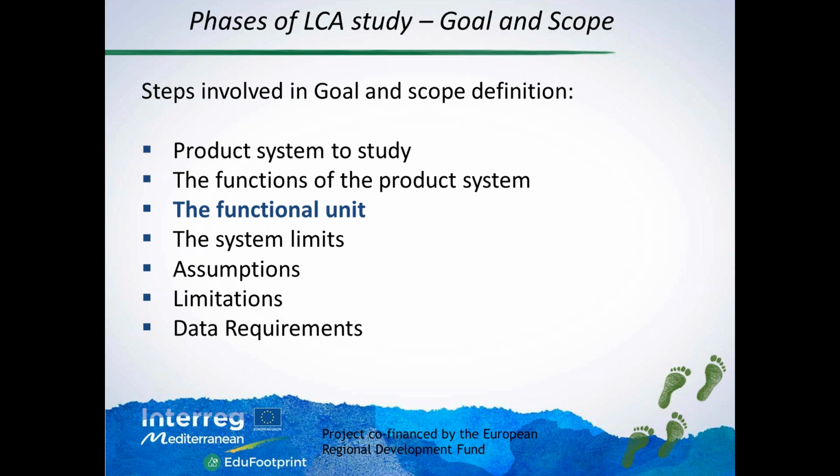Primary data is the data that all the firms involved in the study can give you, and data from literature is databases already existing inside the software that are used to make life cycle assessment.